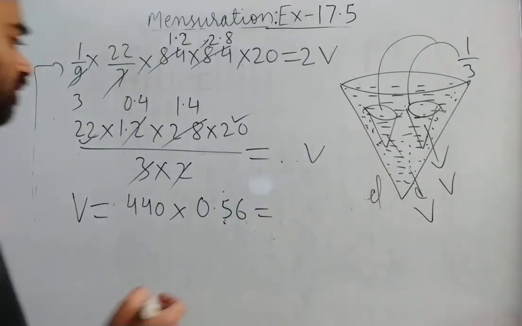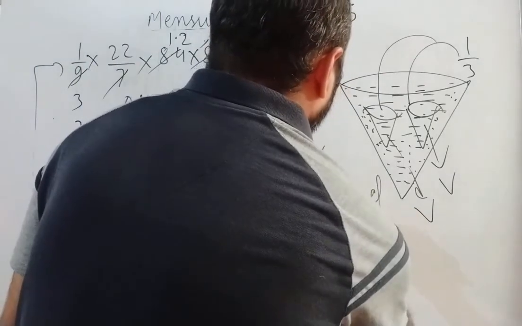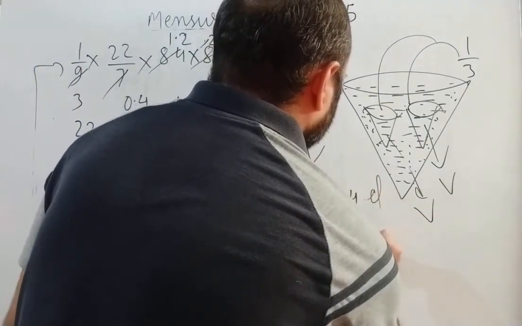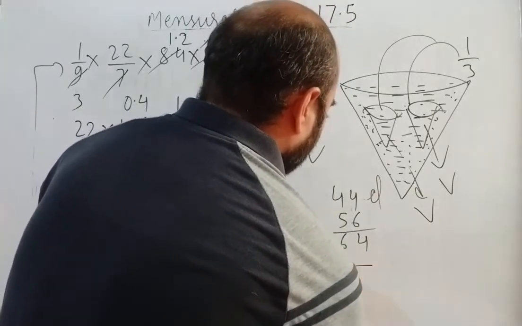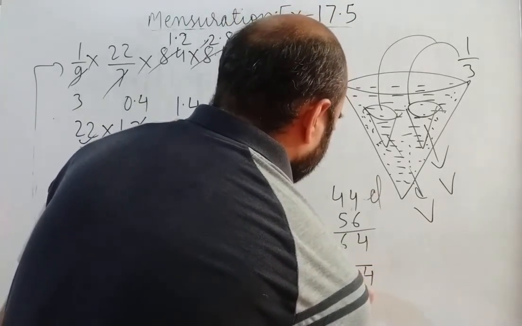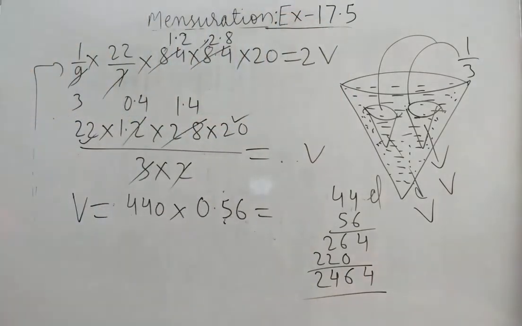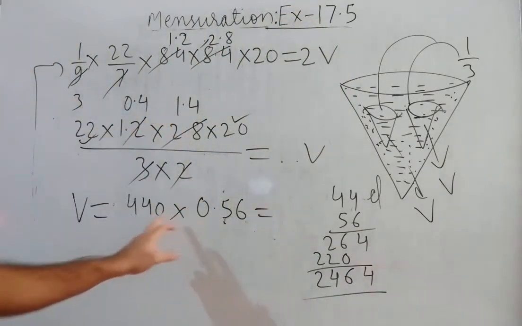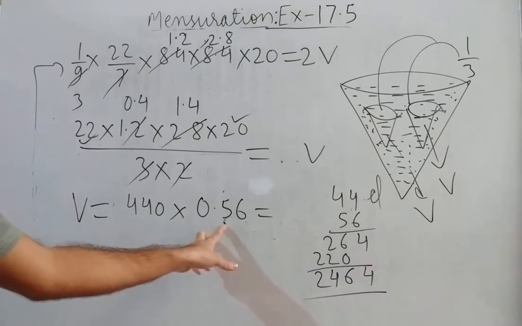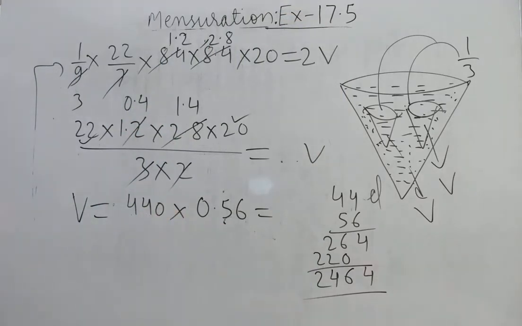Correct? Check it. 440 into 0.56, that is 1 decimal will be there.